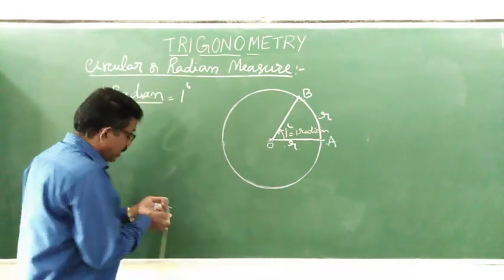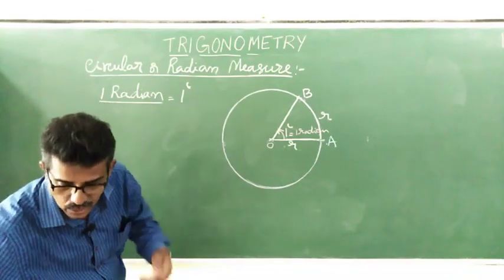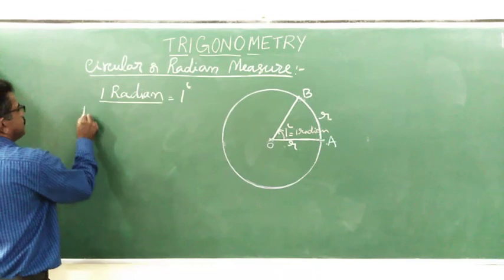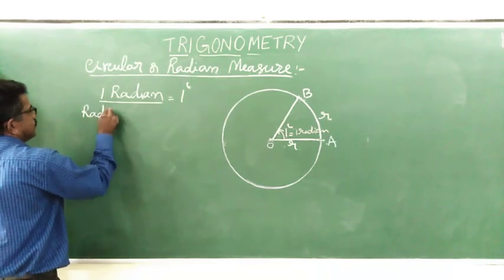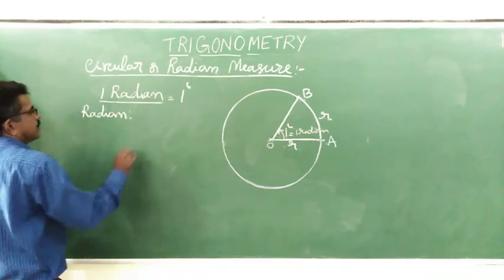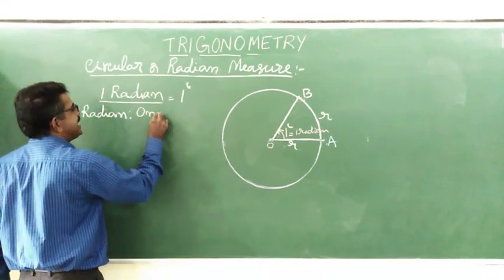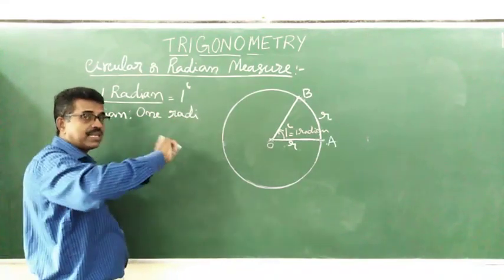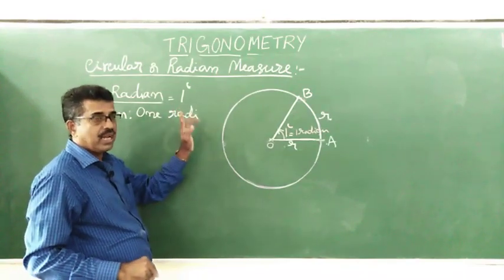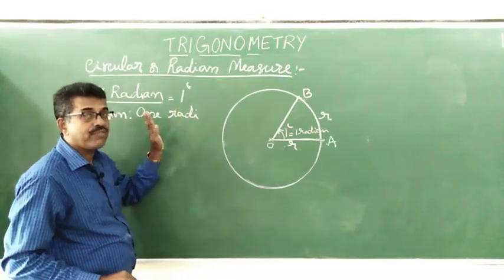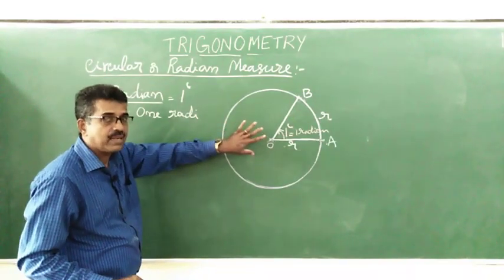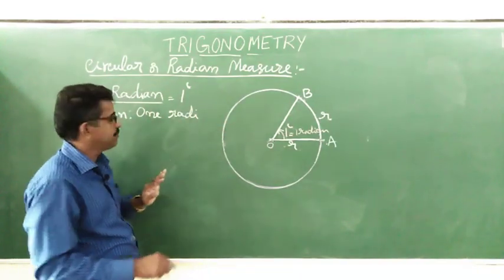Now can you tell me how to define radian? I will just give the definition of radian. Whatever ideas I gave while drawing this diagram, the same thing I put in words.